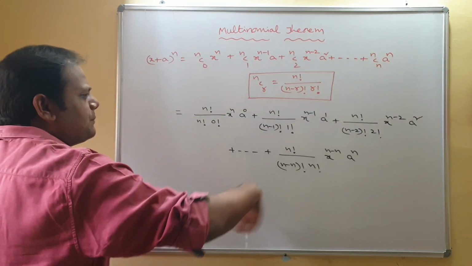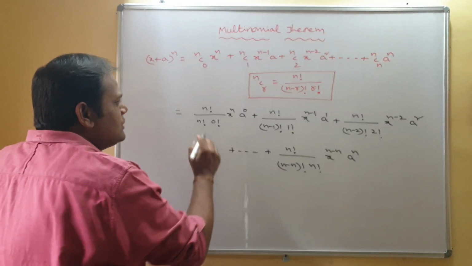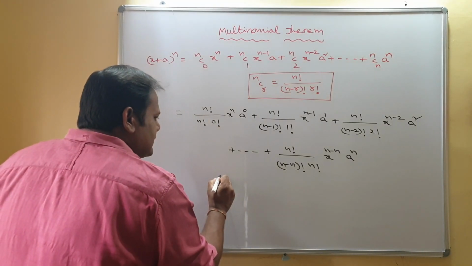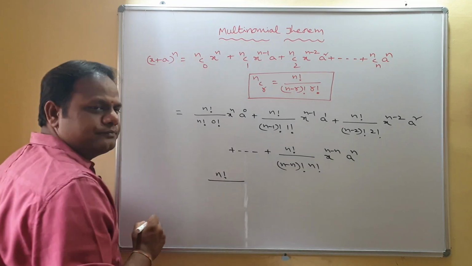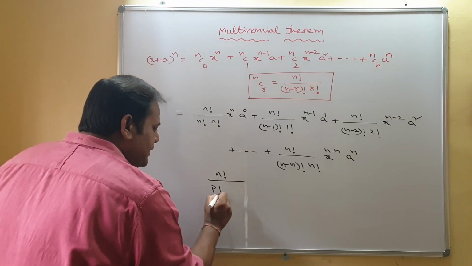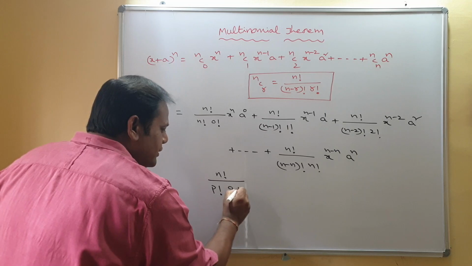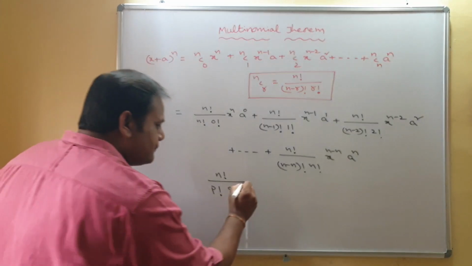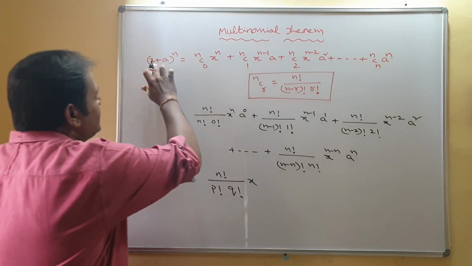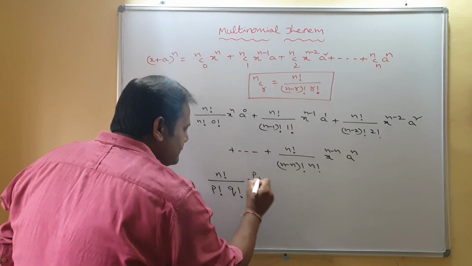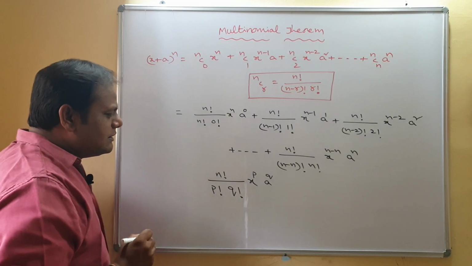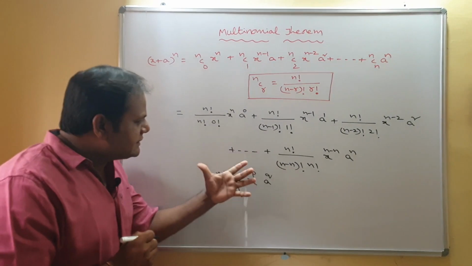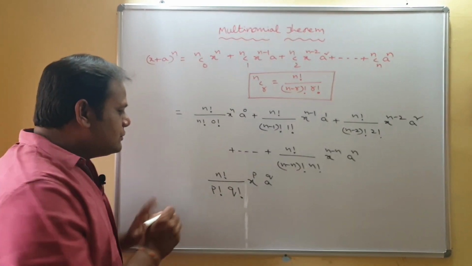So if you observe, every term is in the style of n factorial by p factorial into q factorial, into x power p into a power q. Every term is in this style only.